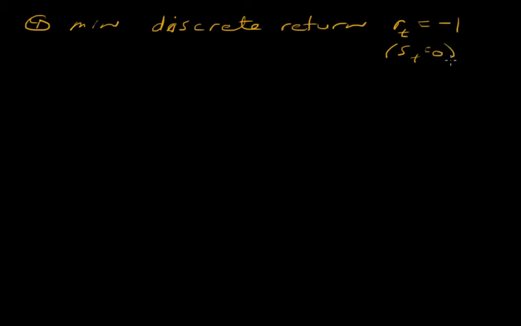You lose everything. If that's the case, then min R would be log 0, which we know equals -infinity. So that is the minimum of the normal distribution. If we assumed that stock prices were normally distributed, we could actually get a stock price less than 0, which we know is a logical impossibility. So just something to be aware of when we're going to this model.